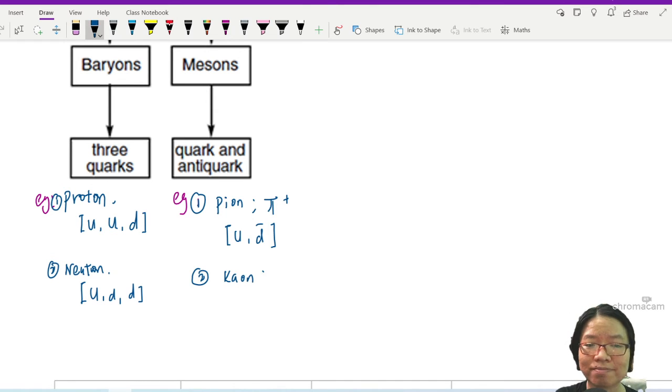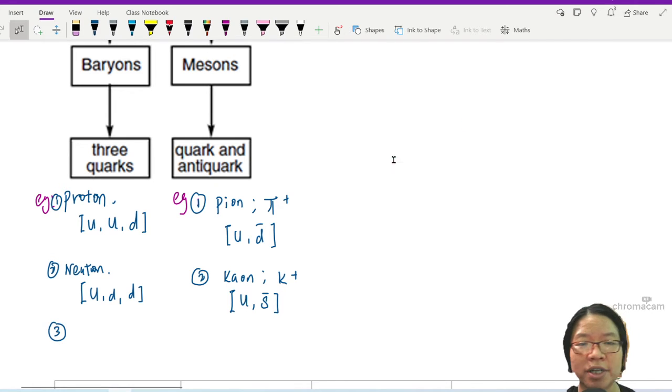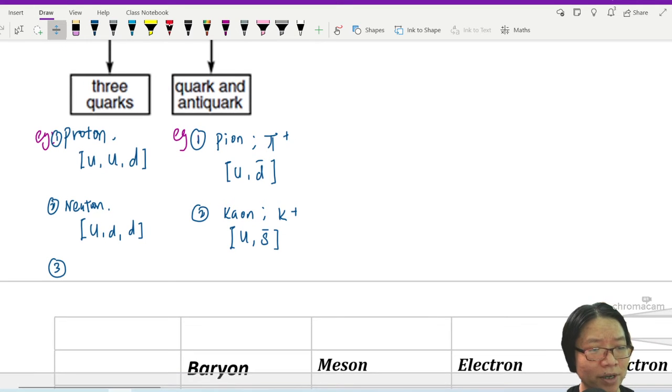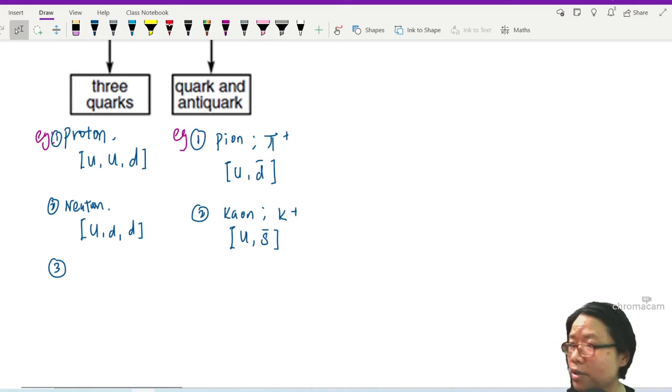Actually, I don't know what's the story behind these names, but this will be K plus. So this consists of an up quark and an anti-strange quark. So if you're wondering, there are so many of them. If you go up to Wikipedia or any scientific website, there's a long list. So I think just to create some form of familiarity, I will introduce another variant to it.